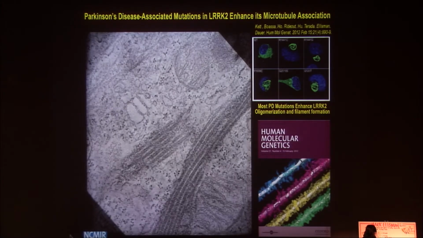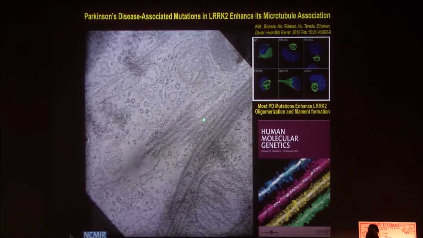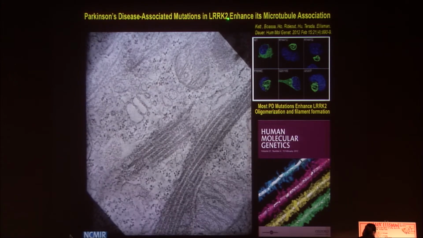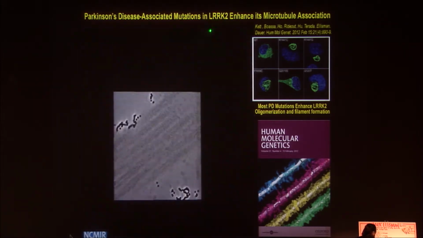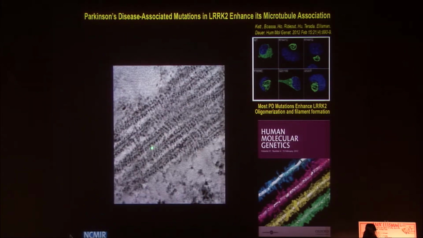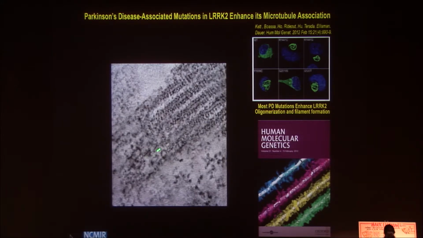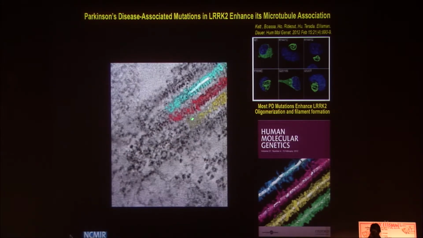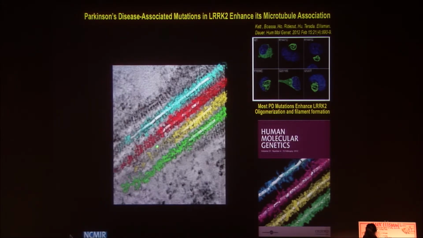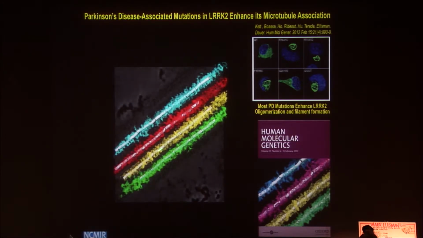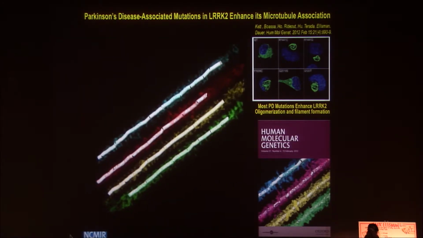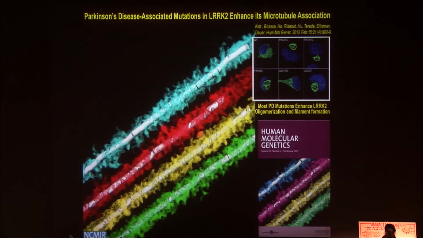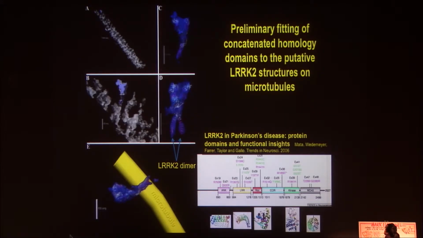Here's another example of this kind of fitting. So this is another molecule in Parkinson's disease called LRRK2, of which there are 80 mutations that lead to the disease, known from man. It turns out it decorates microtubules. Wasn't known until we did this kind of labeling and mapping. Hasn't been solved.